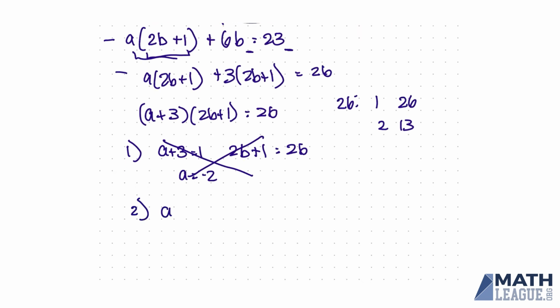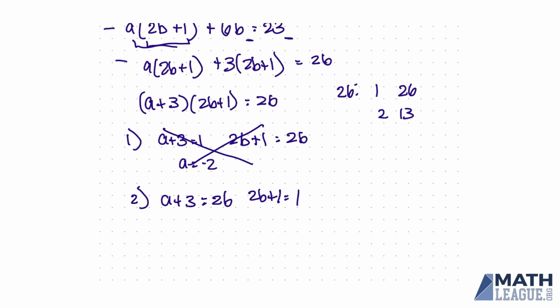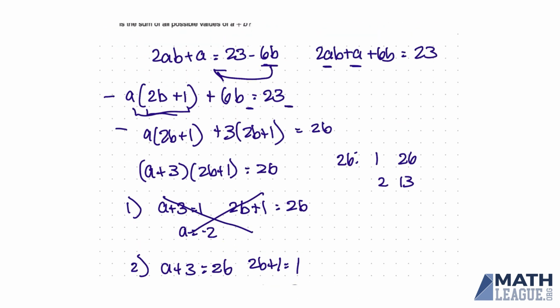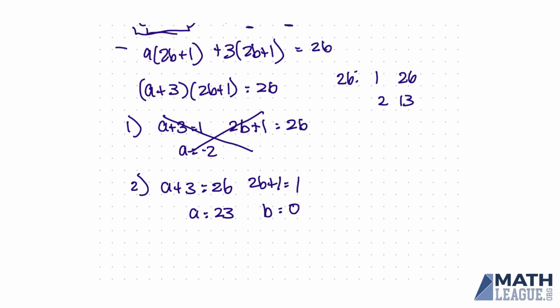The second case we will take as a plus 3 equals 26 and 2b plus 1 equals 1. So we're just switching what a plus 3 and what 2b plus 1 could be. This gives us a equals 23 and b equals 0. These both satisfy our condition, because if we recall, 0 is both non-negative and non-positive. So we're able to include 0 as one of our options.